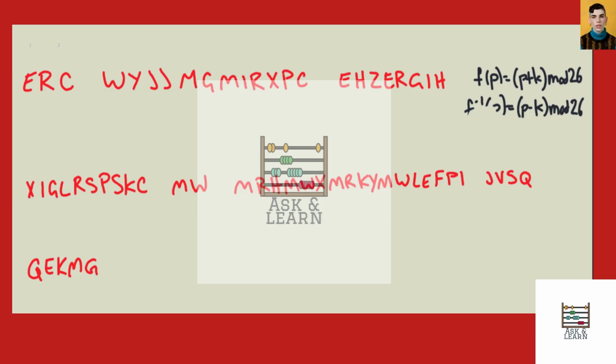Okay, and so how do we go about figuring that out? Well, we're going to do a method that you've probably done by the time you reach this problem, where we look at the most common letters in this cipher. And in this particular cipher, the most common letter happens to be M. Okay.